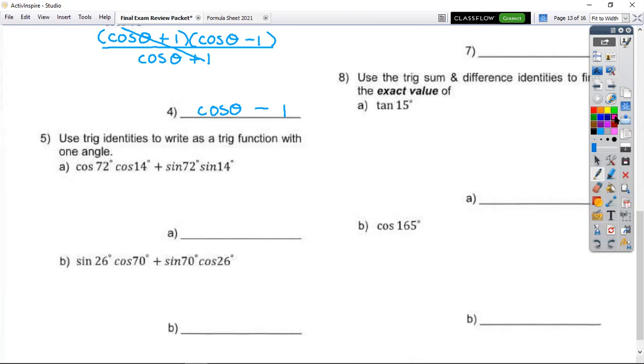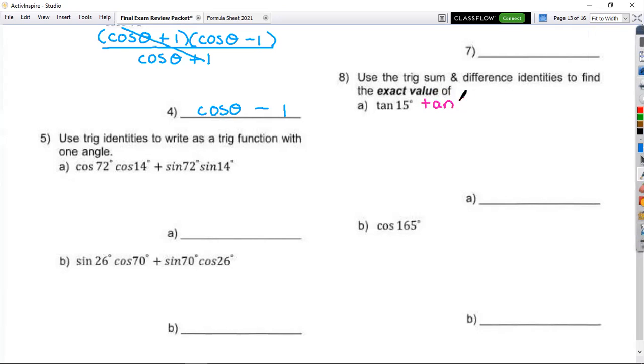So I'm going to look on my formula sheet now to where it says the identity tan of x minus y, because that's what I just chose. So I'm going to go tan of x minus y, which in our case here is going to be the tangent of 45 minus 30. And now I'm going to just sub those in.